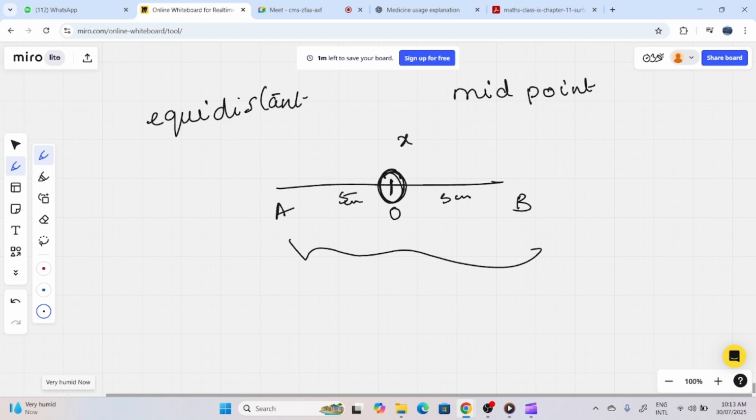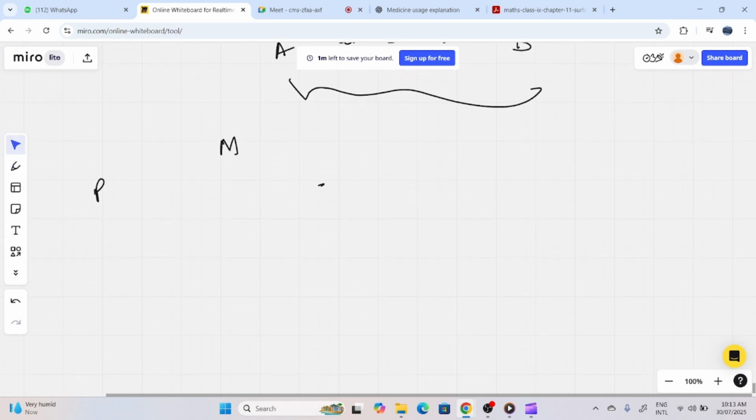Midpoint formula is x1 plus x2 by 2 comma y1 plus y2 by 2, one of the easiest parts. Sometimes the question comes as equidistant. M is equidistant from P and Q. They are not saying M is the midpoint. They are saying equidistant.